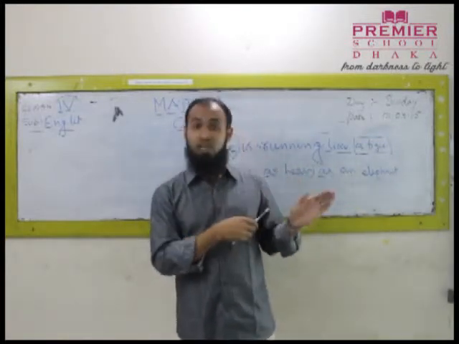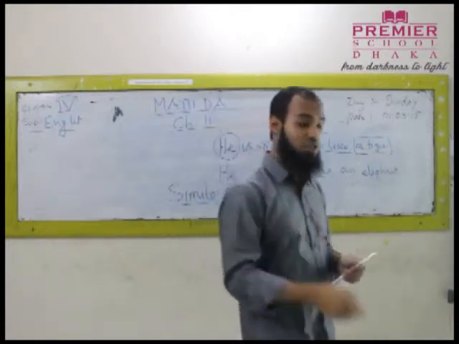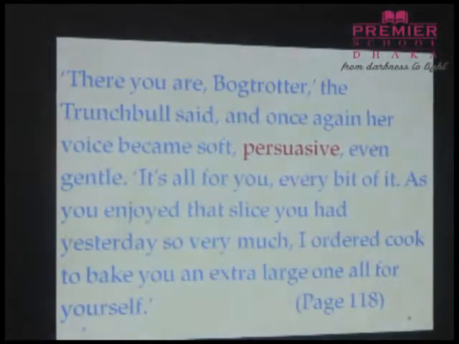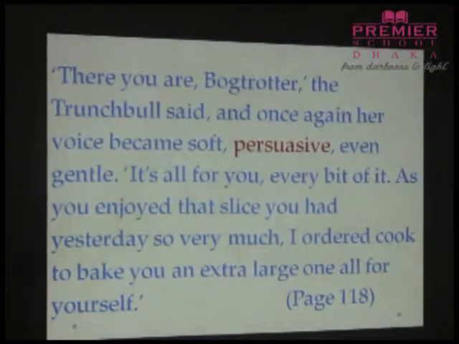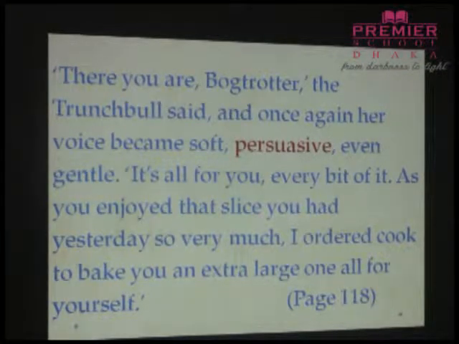So she was shouting in this passage, and in the next passage she changed her tone. She said, "There you are, Bogtrotter." The Trunchbull said, and once again her voice became soft and persuasive. Persuasive means when you make somebody agree, when you convince somebody. So her voice became soft and persuasive, even gentle.